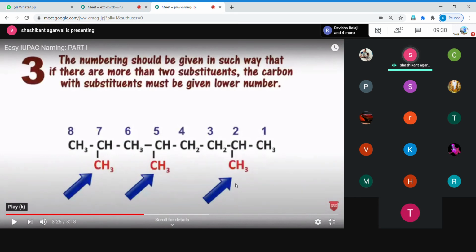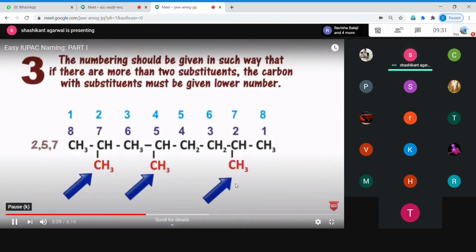If I start from the left hand side, I have 1 methyl group on the second position, then on the 5th position, and then later I have some more methyl groups. So I have to see from which particular side I am getting the minimum number. You have to follow the minimum number rule. You will add all of them and follow the minimum number rule.